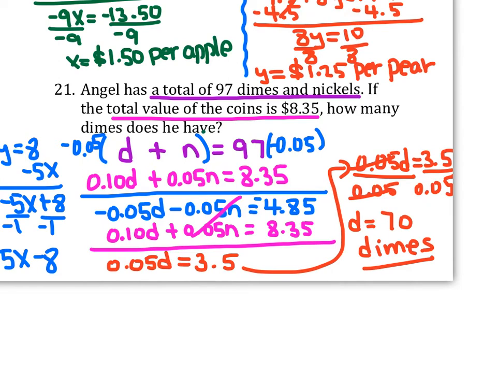Since I only need to know the dimes, that means I don't need the nickels in my equation anymore. I want them gone. So after canceling the nickels, I find out that I have 0.05 dimes equals $3.50. After dividing on the calculator, I find out that I had 70 dimes. And that's all they were asking me for, is the dimes.